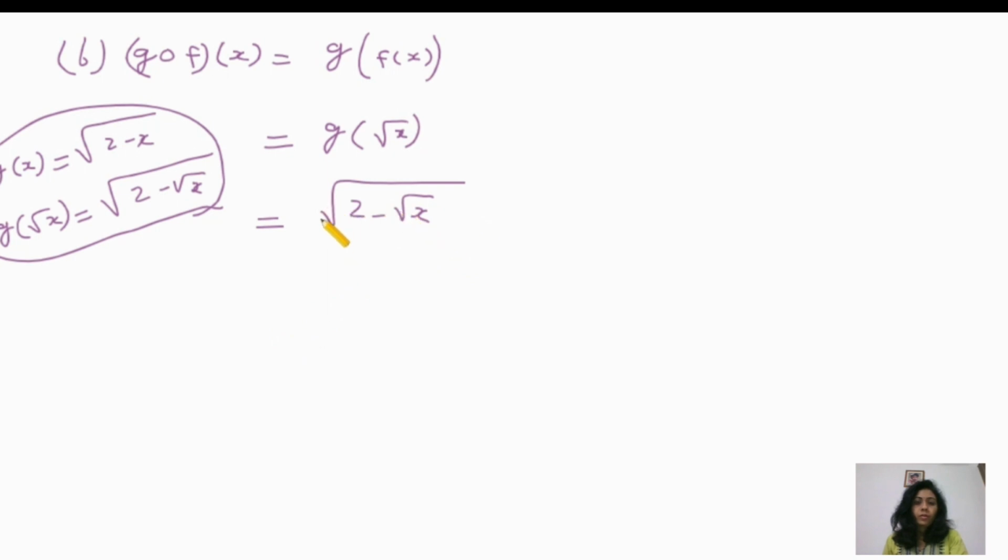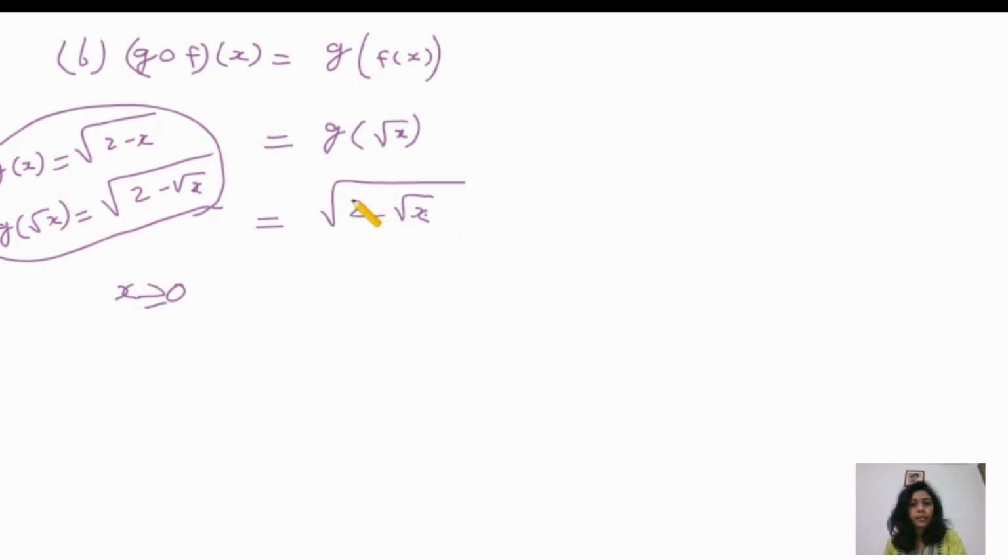Okay, so here this is even power, this is even power. So what is the domain? Here the x value can be 0 or more than 0, right? So x is greater than or equal to 0.